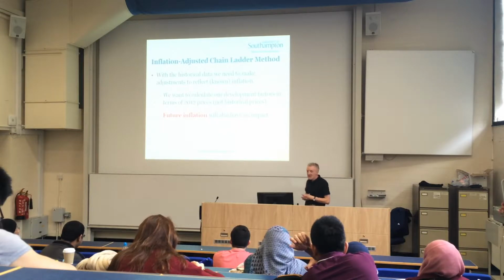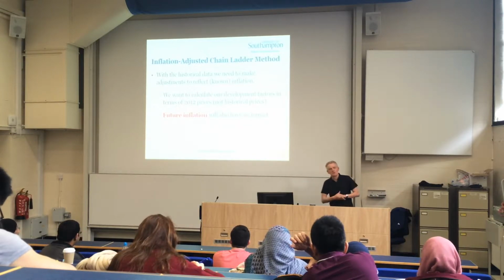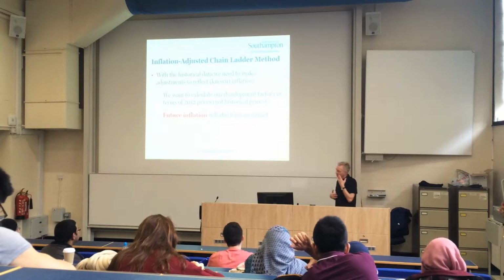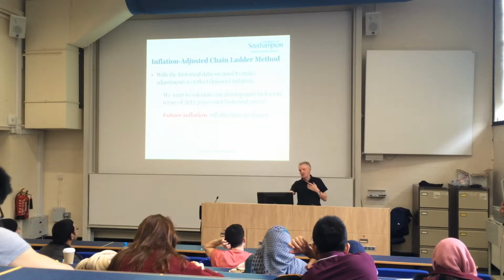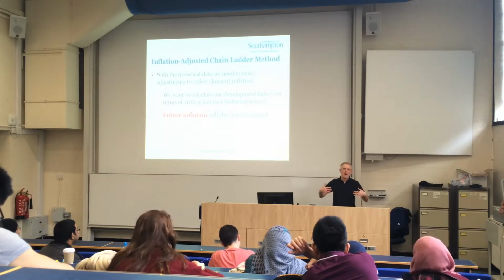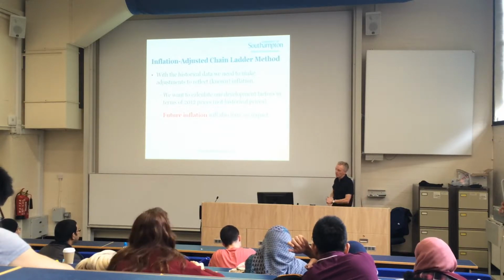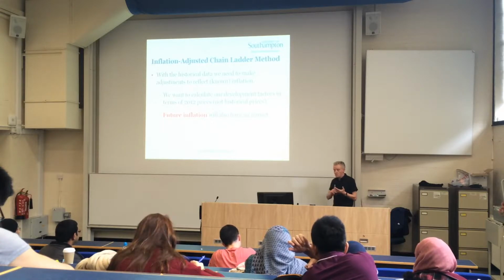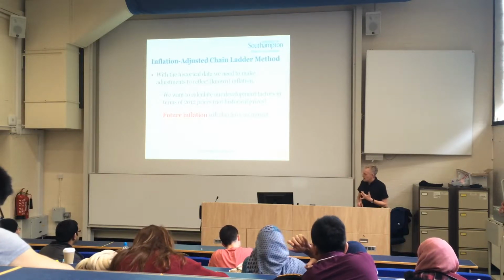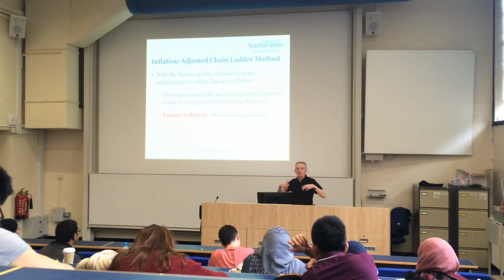So we want to recalculate those factors, taking into account past inflation. It's fairly straightforward. Basically what you have to do is bring everything up to current prices, and then you recalculate these development factors. So that's one thing. The second thing that we need to do is to take account of inflation that is going to happen in the future.